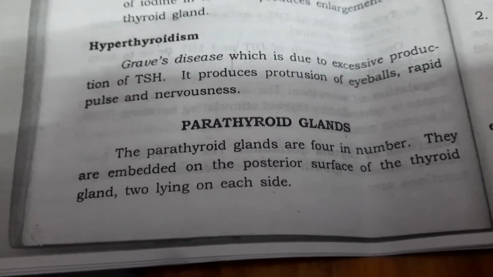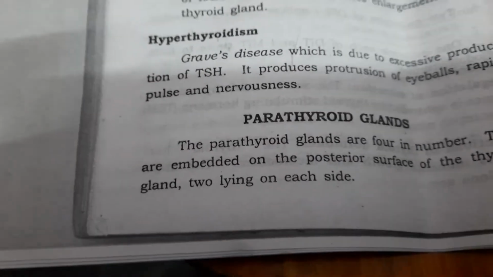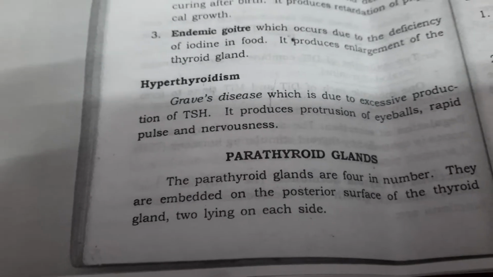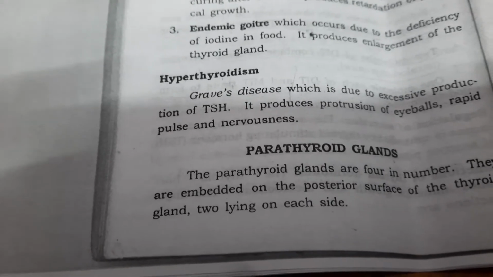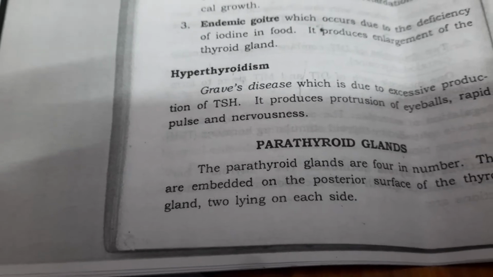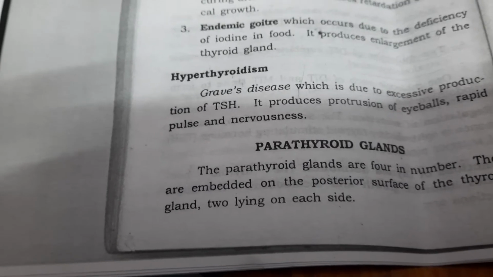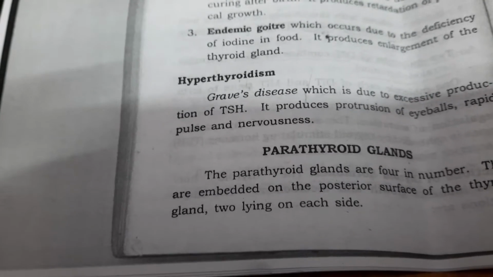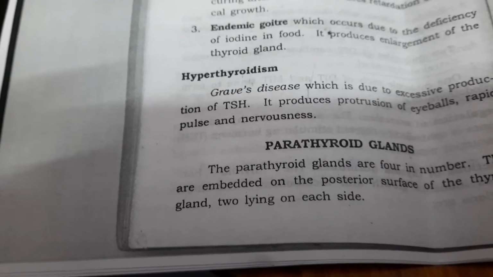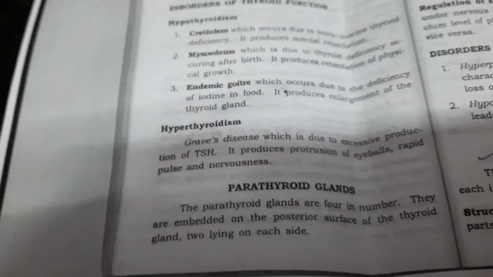The main function of the thyroid gland is to increase the oxygen consumption and heat production in the tissues, increase the basal metabolic rate, increase the absorption of glucose in the adipose tissues, and an anabolic effect like growth promotion and protein synthesis, and storage of iodine also, and demyelination of the central nervous system, and increase the rate of cholesterol synthesis in the liver. So these are all the functions we have seen in the thyroid gland.